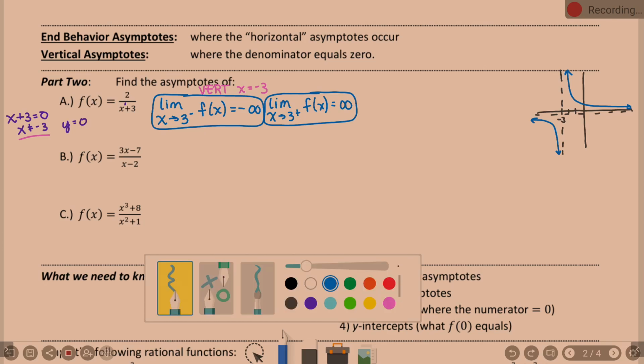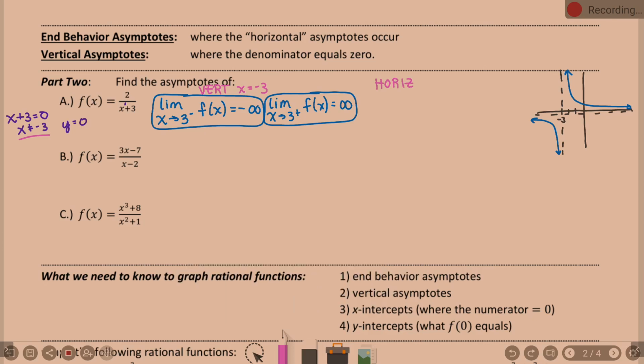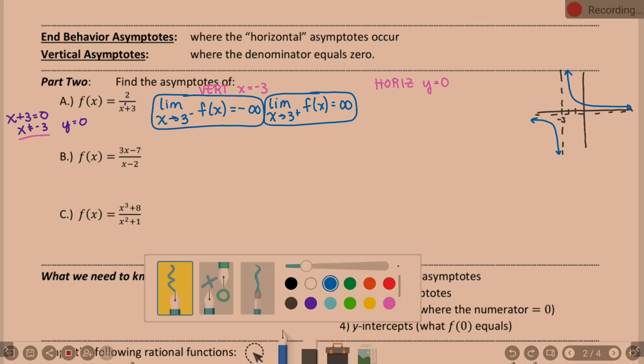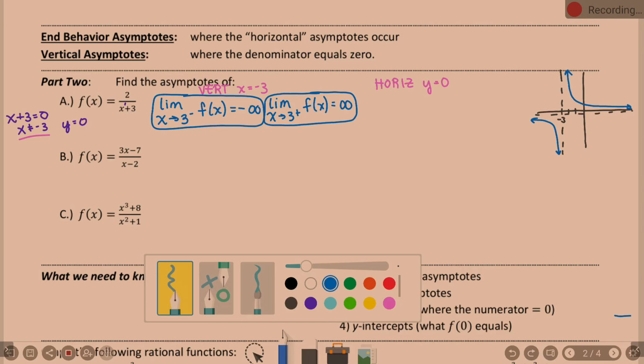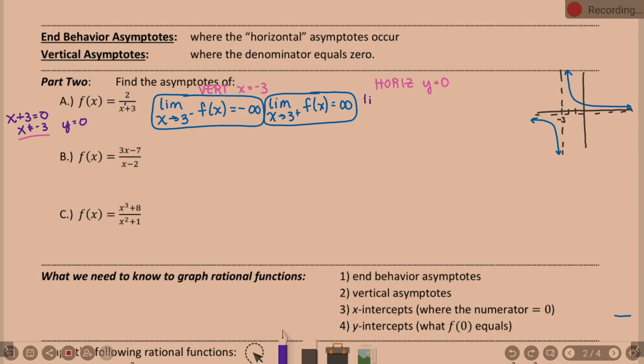Now, the other half of the problem, we already talked that there is a horizontal asymptote of what? 0. Y equals 0. Now, when we do this, limits for horizontal asymptotes are always going to be the limit as x approaches negative infinity of f of x and the limit as x approaches positive infinity of f of x.